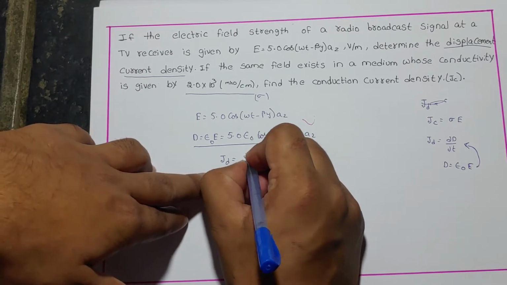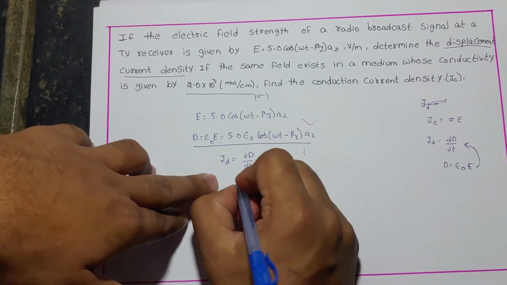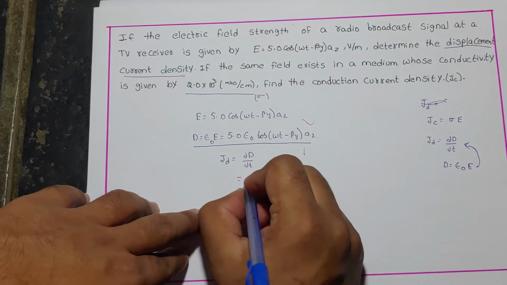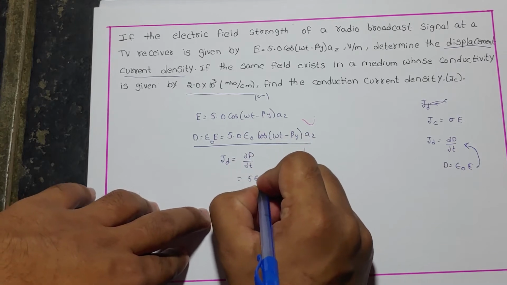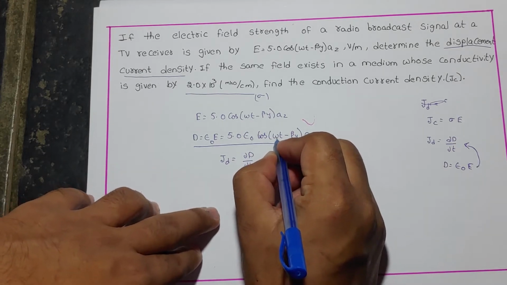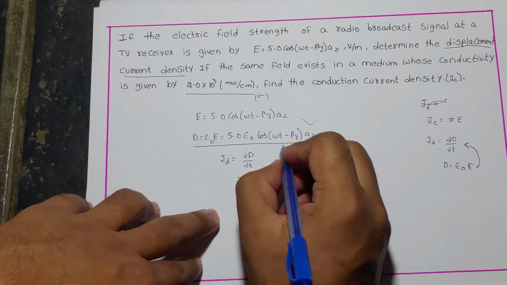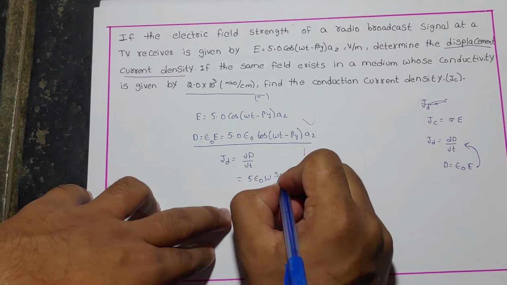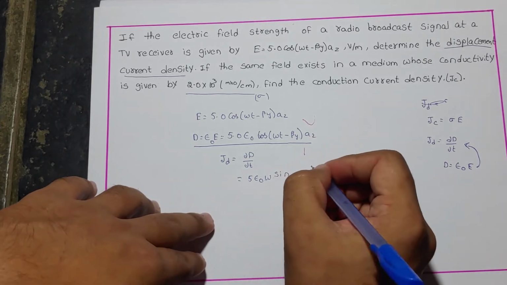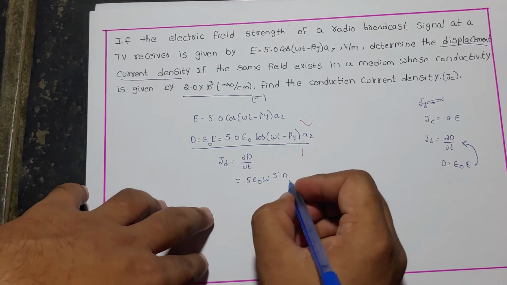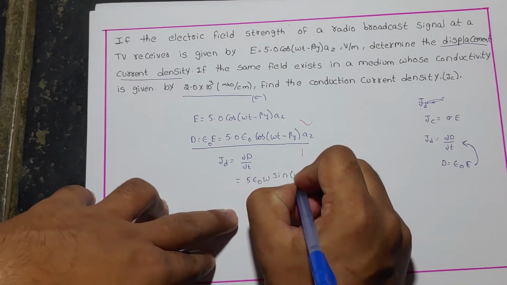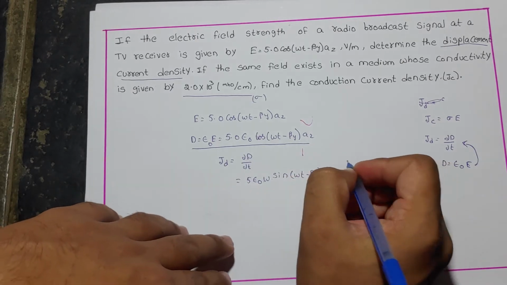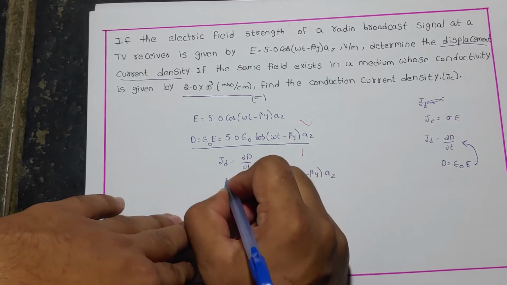JD is equal to dou D by dou t. Differentiation with respect to t, that is 5 epsilon naught, here omega is constant. So omega, differentiation of cos would result in sin of omega t minus beta y into AZ component, that is JD.